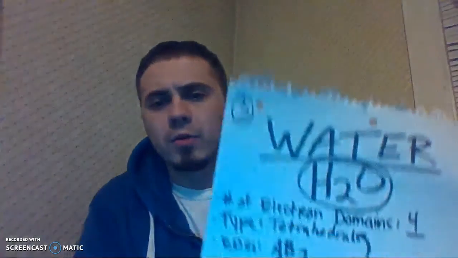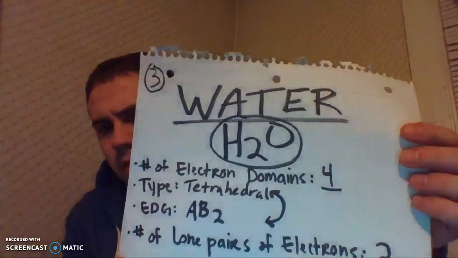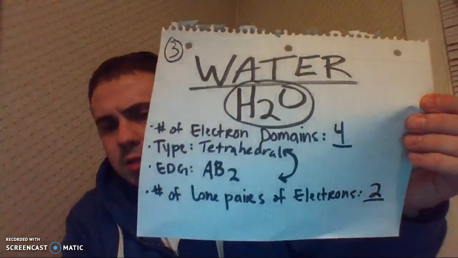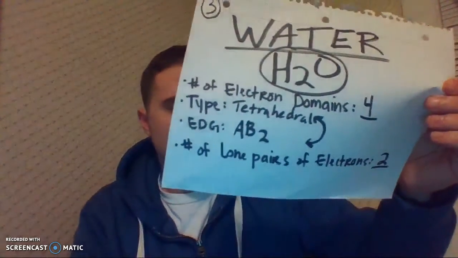For our next one, we're going to go with water. Now, water again is tetrahedral, but it is an AB2, and it still has 4 domains. This gives that tetrahedral shape, and this one has 2 lone pairs of electrons. So again, water is going to have this same kind of shape, but it's going to have 2 lone pairs of electrons.